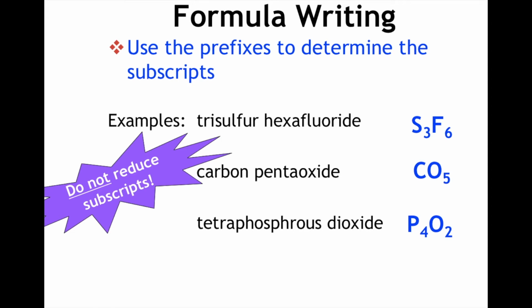It's a different bonding. They're in little squares built up on each other in repeating patterns, so they do break apart. So we usually talk about ionic compounds in the sense of the most reduced form of it. But in covalently bonded molecules, or molecular compounds, all the same, you do not reduce those subscripts. That's it.